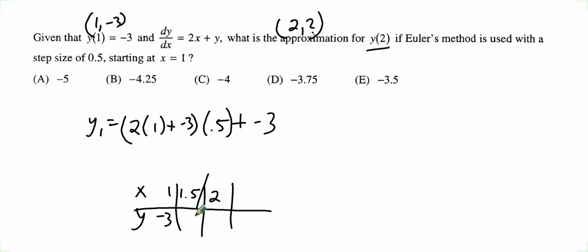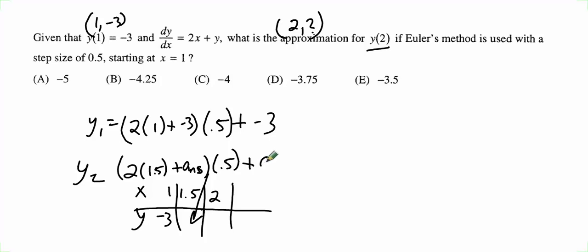Run that through, that's your answer here, and then you have to run it again with our new values, 2 times my x, which is 1.5, plus the y value, which was the answer to this old equation, times our step size, which is 0.5, plus the answer to this equation here, and you will finally get your final answer. So that's the idea with the calculator, is you can run this through.